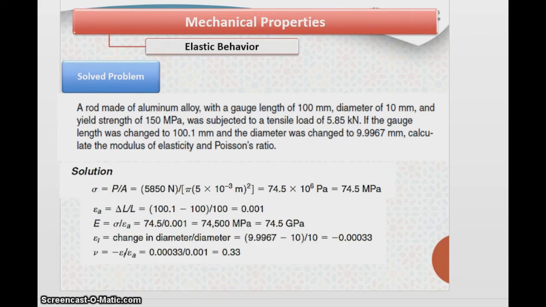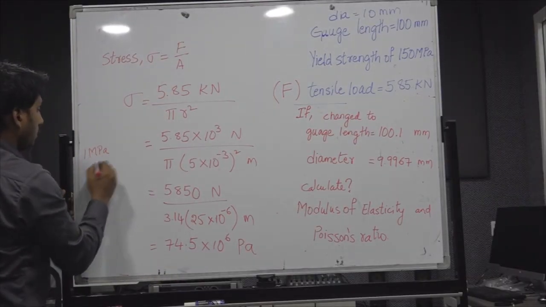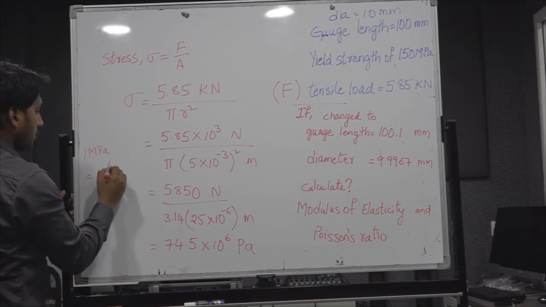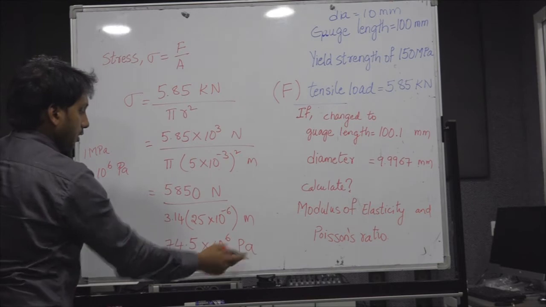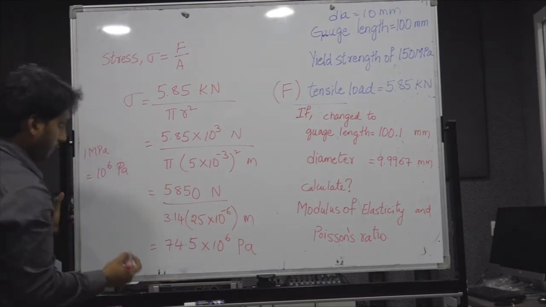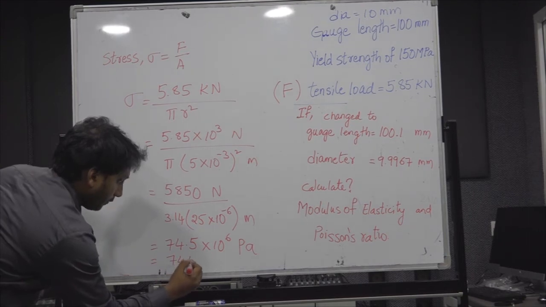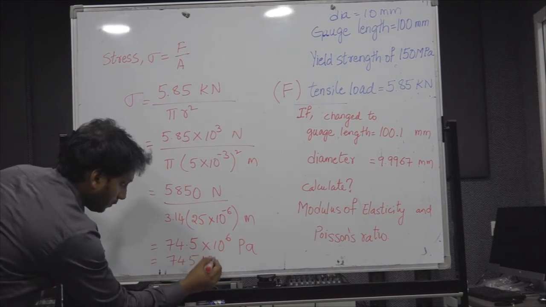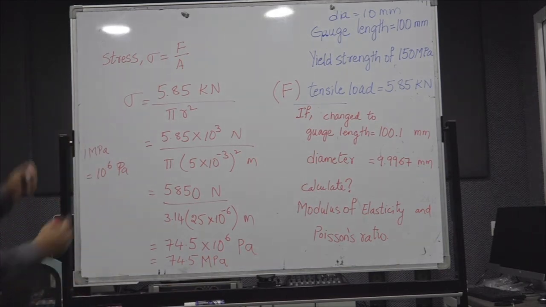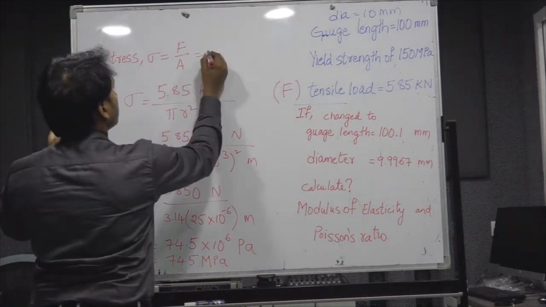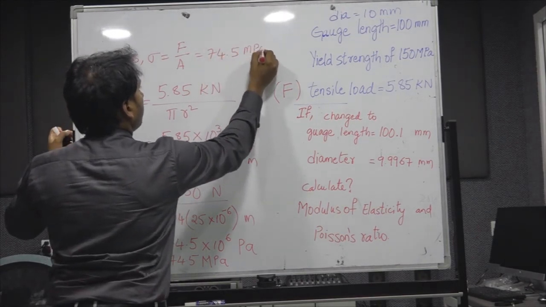So finally 1 megapascal is equal to 10 power 6 pascal. So here we have 10 power 6 pascal, so we are writing it as 74.5 megapascals. So finally you can write stress is 74.5 MPa.